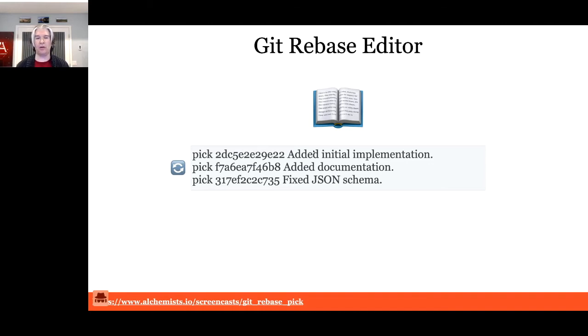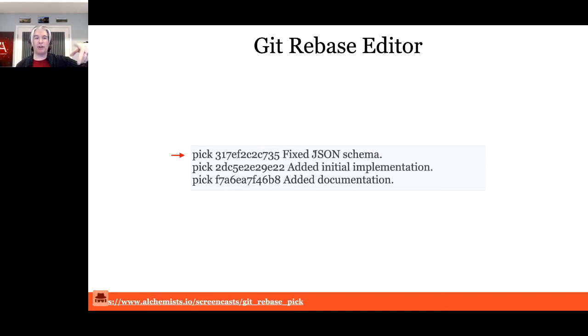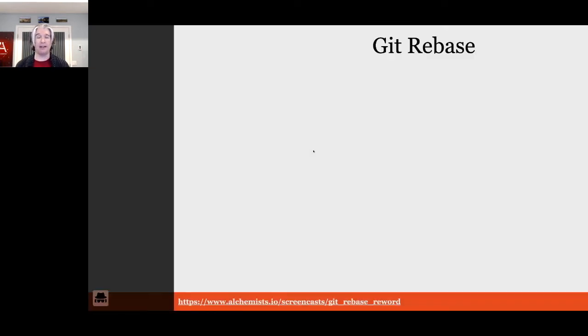So if you do those out of order, now through interactive rebase, you could just change the order of these picks and actually tell a more compelling story. So in this case, if I wanted to swap these two commits around, I would just magically change those. You can see the SHAs are different in order now. The fix of the JSON schema happened before I actually did the initial implementation, and so now I'm telling a different story on how this came to be.